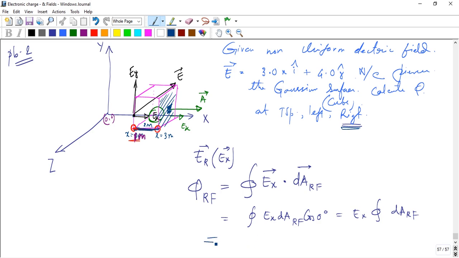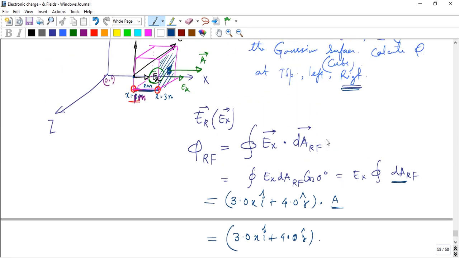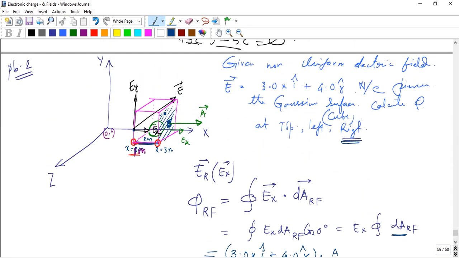So Ex is given, 3.0x i cap plus 4.0 j cap, times the integral of dA, which is A. The area of the right face is a square, 2 times 2, which is 4 meter squared.